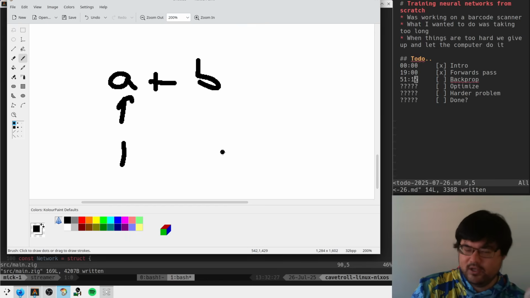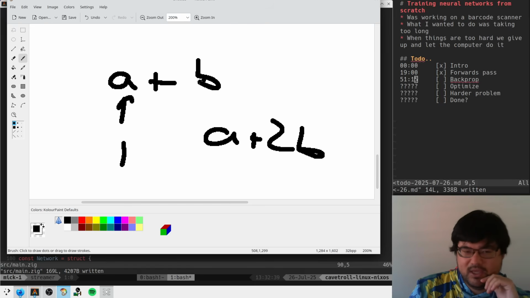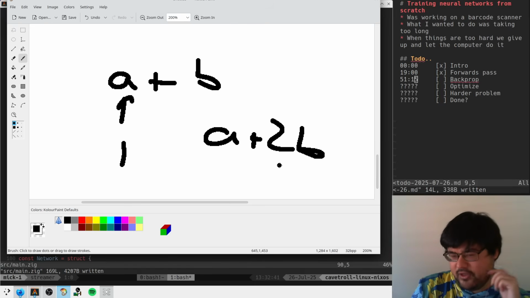It's 1, right? If I move A up by 1, that changes the final answer by 1. If I have A plus 2B, how much does a change in B change the final answer? Well, then it's 2 times B. Okay, that makes sense.